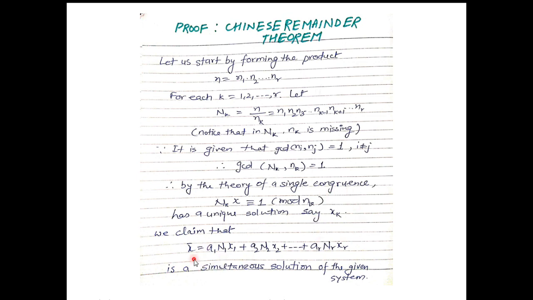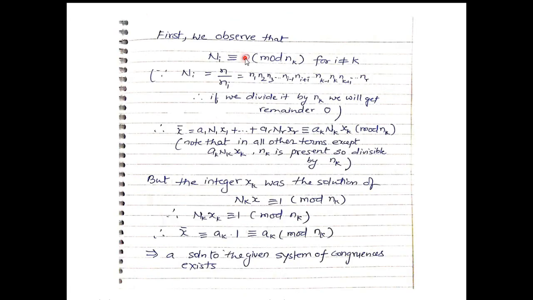Now we claim that x bar, which is given by a1 N1 x1 plus a2 N2 x2 and so on up to ar Nr xr, is a simultaneous solution of the given system. We will prove that this is the simultaneous solution of the given system. First, we observe that capital Ni is congruent to 0 mod nk.